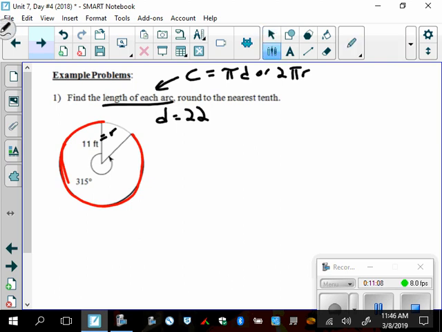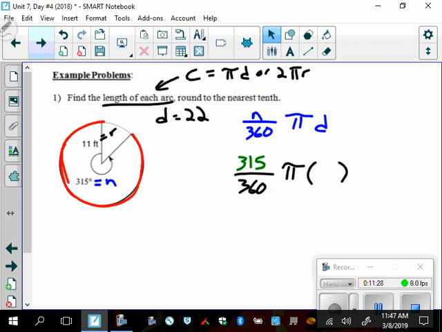So 315 is my n. I'm going to use n out of 360 times pi d. My n is 315 out of 360 times pi times my diameter, 22.